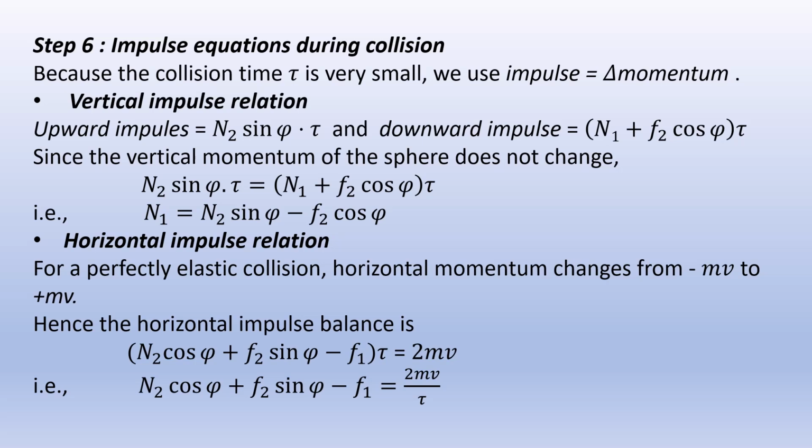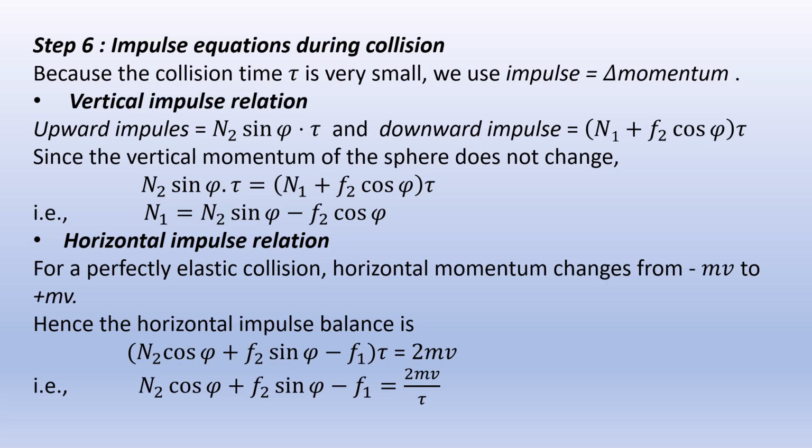Now the downward impulses come from two forces. One is N1 and the second is the vertical component of friction F2. Therefore, the total downward impulse is (N1 plus F2 cos phi) times tau. Now, during the collision, there is no net change in the vertical momentum of the sphere.